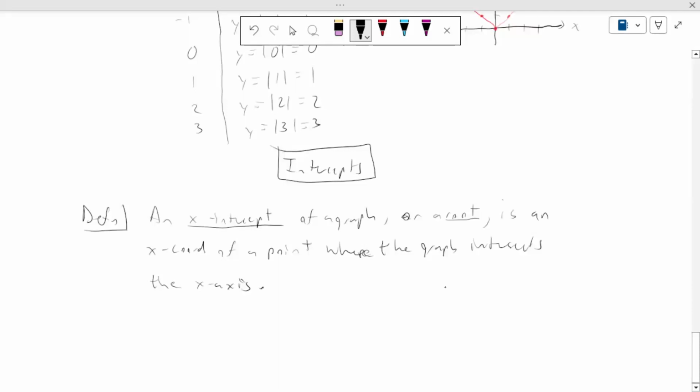The y-coordinate of any x-intercept, remember, this is where it's actually crossing the x-axis, so it must be that your y value is 0. So the y-coordinate of any x-intercept is just 0.